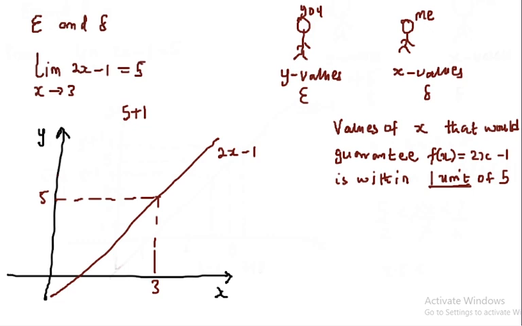That means you have another line here, and this upper line will be characterized by 5 plus 1. The lower bound would be 5 minus 1. So 5 plus 1 here is 6, and 5 minus 1 here is 4.